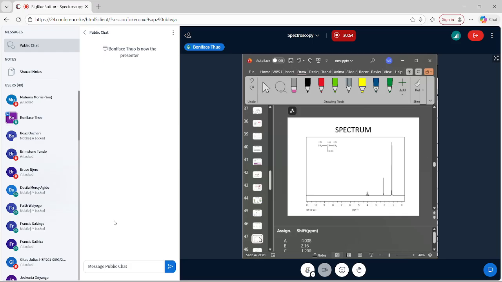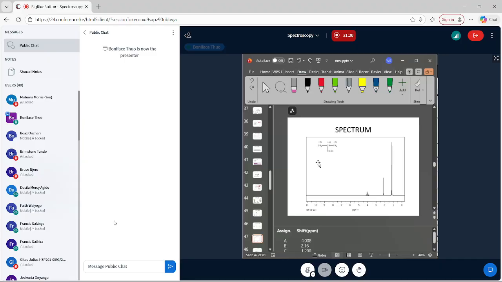So here we have a spectrum of isopropanol. And we see that we also have three chemical environments, a methane proton and a hydroxyl proton.